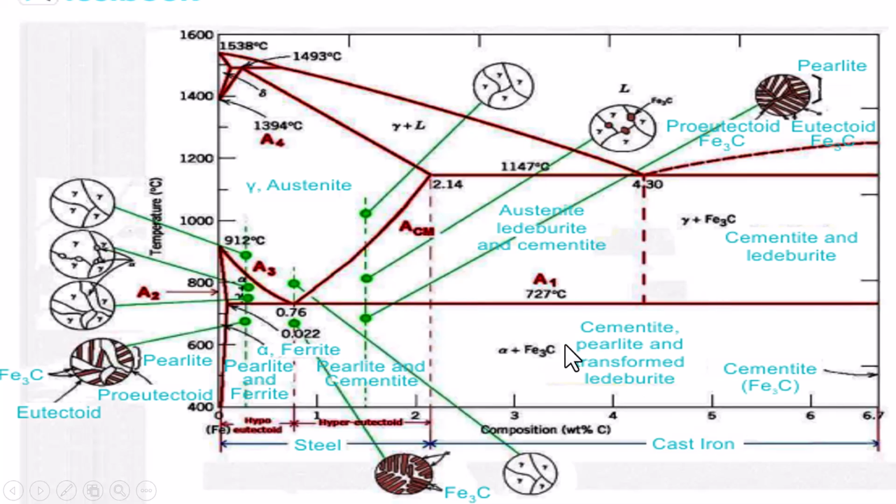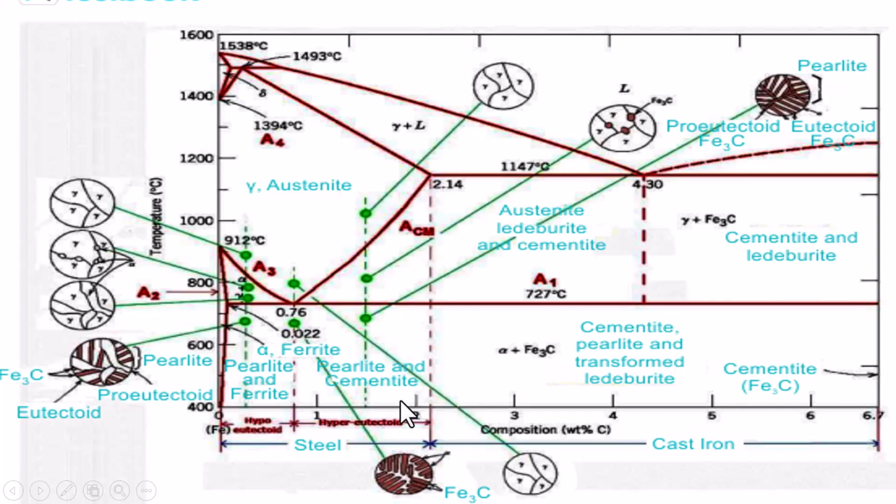So here you can see the iron carbon diagram. It is also called the iron carbide diagram. Why? Because you can see the carbon percentage increasing, and when it becomes 6.7%, it is entirely iron carbide. So it starts from 100% iron here, and at 6.7% of carbon it becomes simply iron carbide.